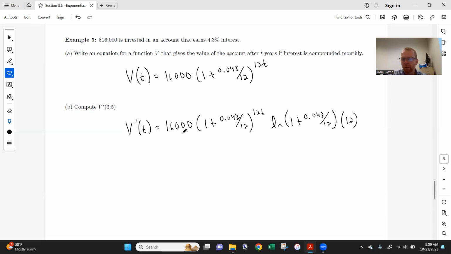That's, of course, a constant, so it's not changing anything. Write the exponential part like that. Do the ln of the base, which if it's e to the 12t, it'd be e to the 12t times ln of e, which is just 1, so that goes away. And then times the derivative of the exponent, which is 12 in this case. And then we're going to find V prime of 3.5, plug it all in, and we should get 798.10.